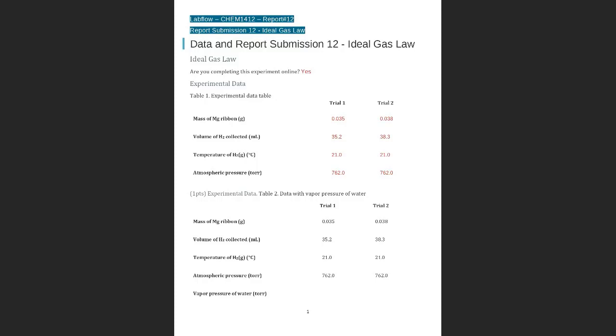In our case is 18.7. Both the same. We are going to do two trials. 18.7 torr. What else do we need to calculate?